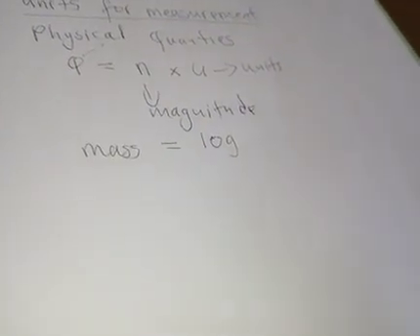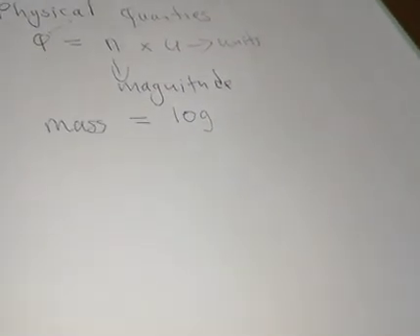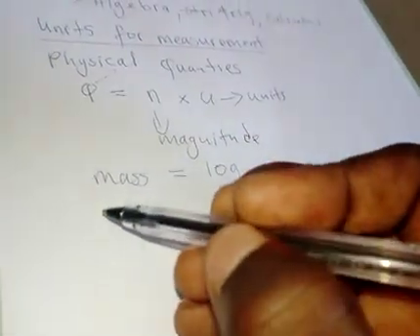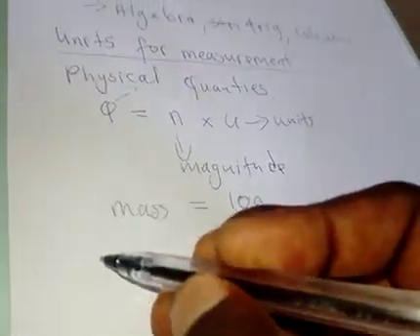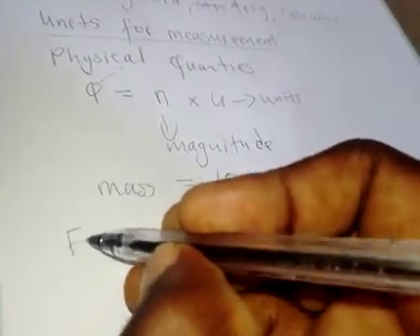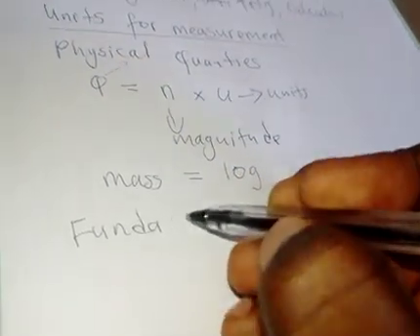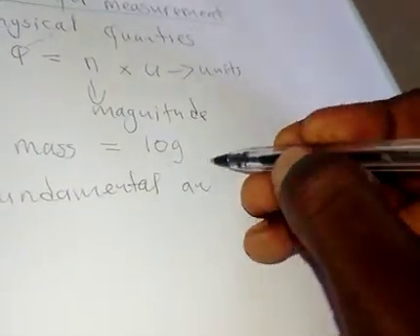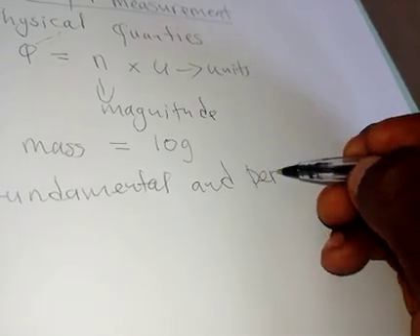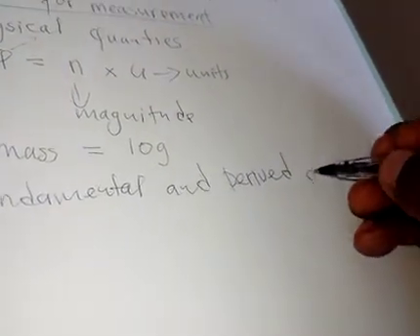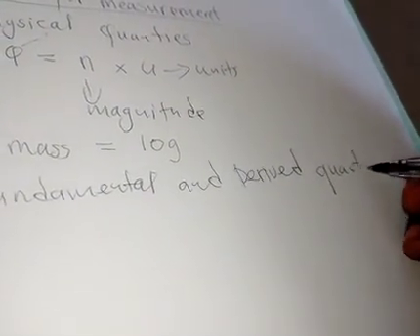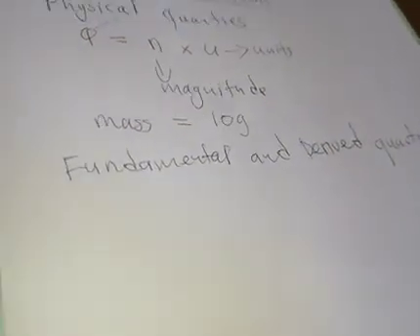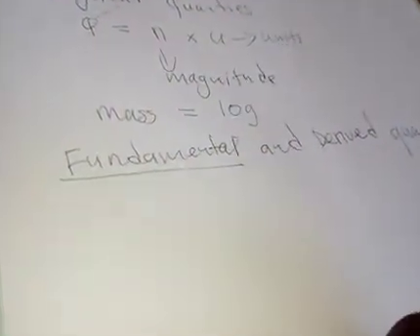What we must know is that these physical quantities are divided into two major categories: fundamental and derived quantities. Let me start with fundamental quantities.